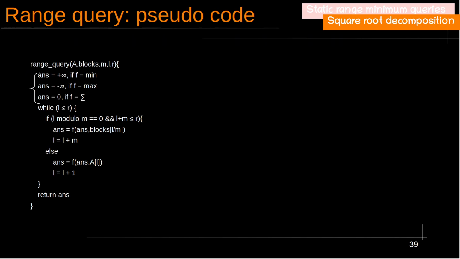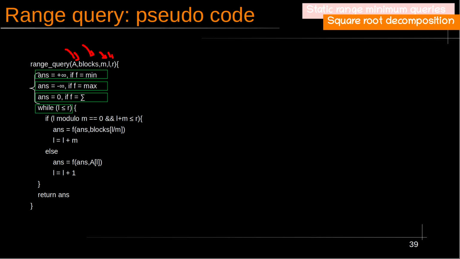The pseudocode of this function will take as parameters the original array, the array of blocks, the size of the blocks, the left boundary and the right boundary. Of course, we initialize the answer to plus infinity if f is min, minus infinity if f is max, 0 if f is the sum, 1 if f is a product, and so on.